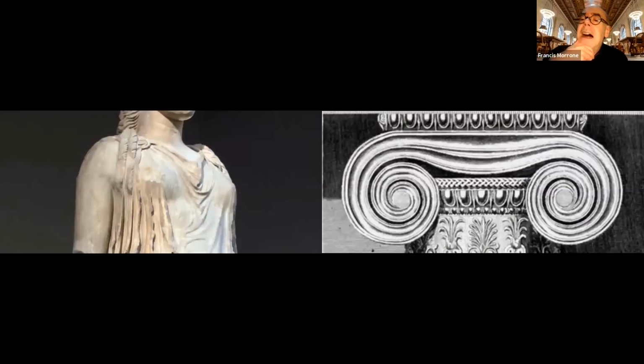Now, here is my view. When I've looked at the Ionic capitals of the Erechtheum, and then I have looked at the Caryatids, one of the things that I love about those Ionic capitals is the tight channeling, and then the rather fabric-like quality.